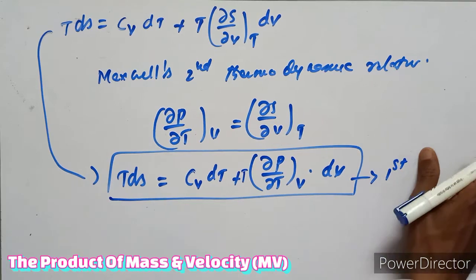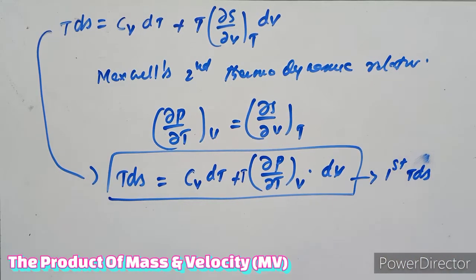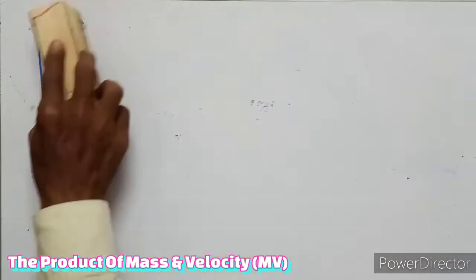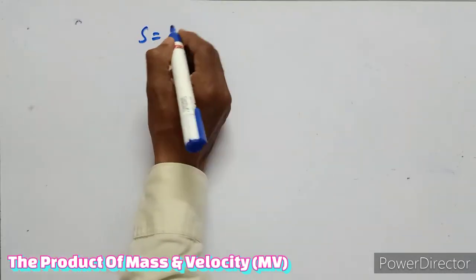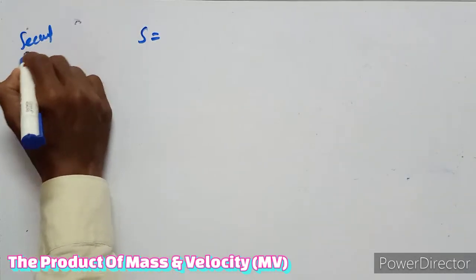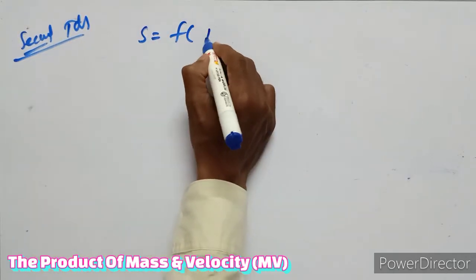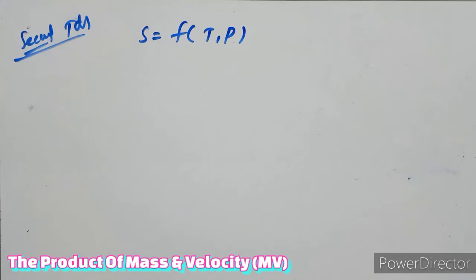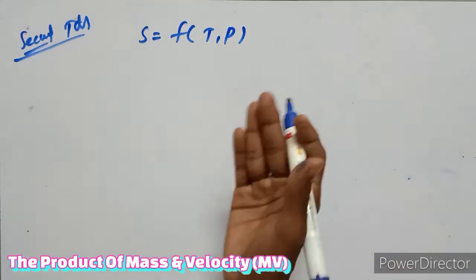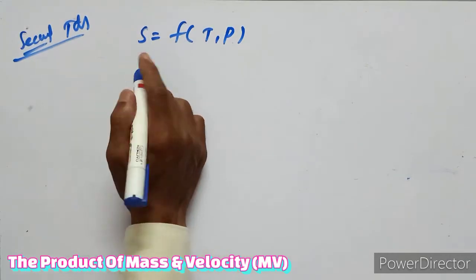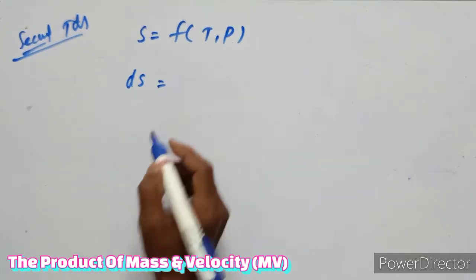First Tds equation. In the second Tds equation, the entropy is defined as a function of temperature and pressure. Similar to the first Tds equation, ds is the perfect differential.